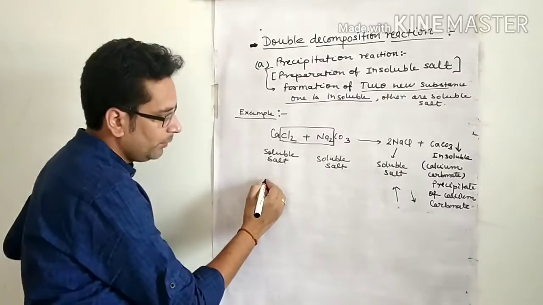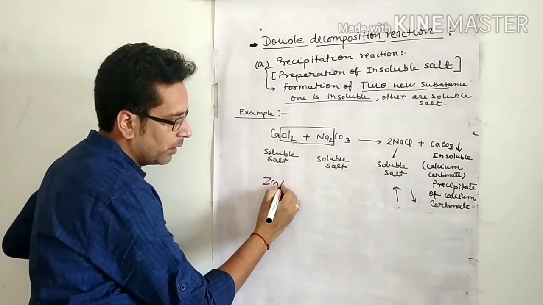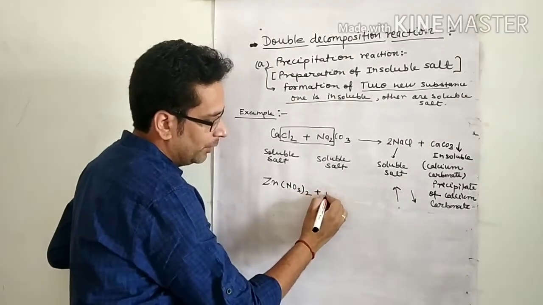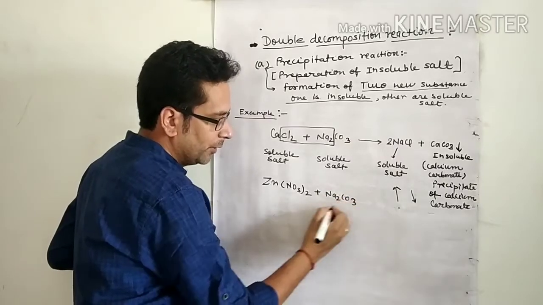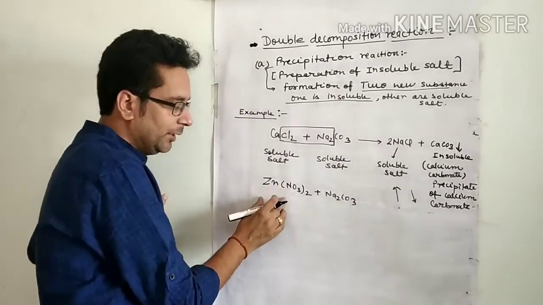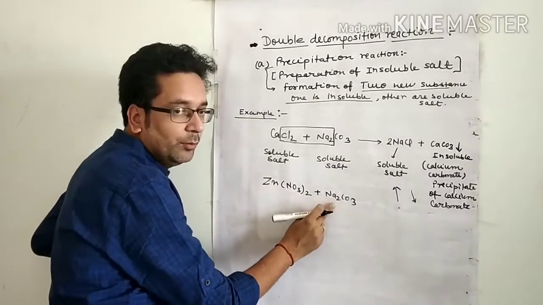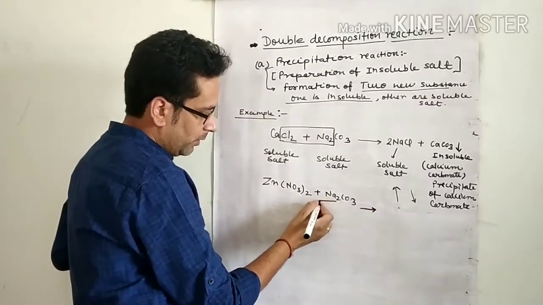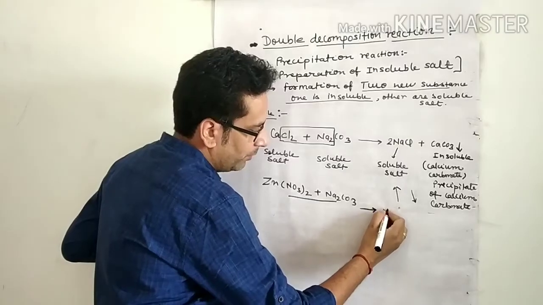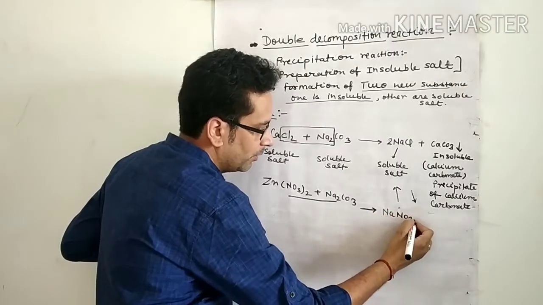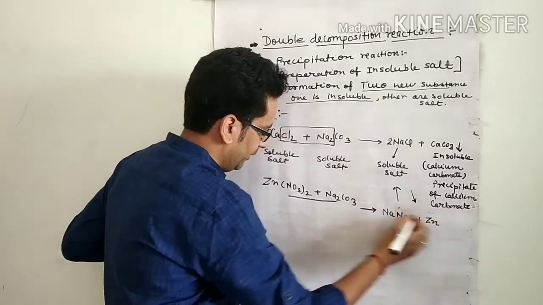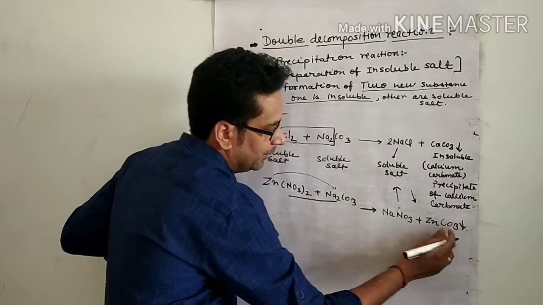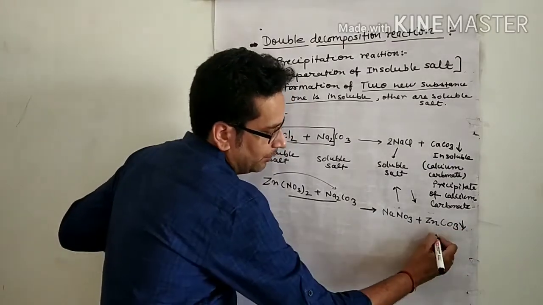Now look here, zinc nitrate. Okay, it reacts with sodium carbonate. It is a soluble salt. The name of this salt is zinc nitrate. It reacts with sodium carbonate to form sodium nitrate plus zinc carbonate, and zinc carbonate is insoluble, that is PPT.